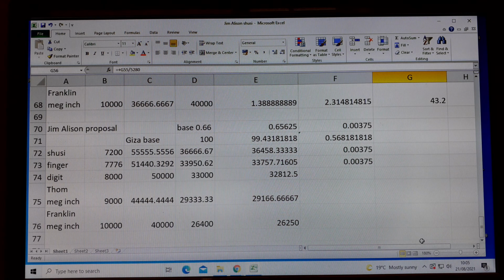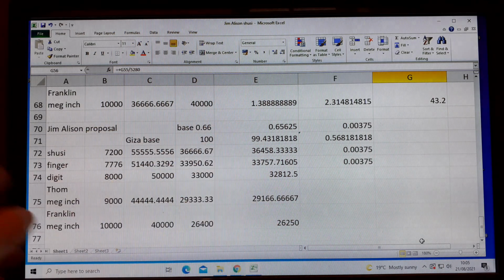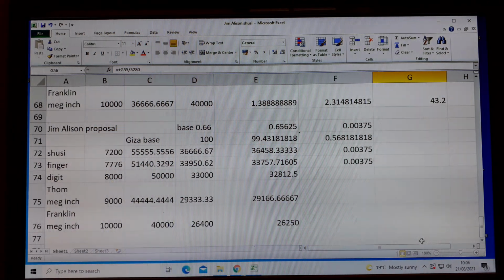But this is a fabulously interesting situation to be in, where we're agreeing that our measures and our calculations are all working together, and I've been able to fit the Shusi into this analysis, because this analysis here is in my book, From Stonehenge to Giza, in the introduction, because it's so important.